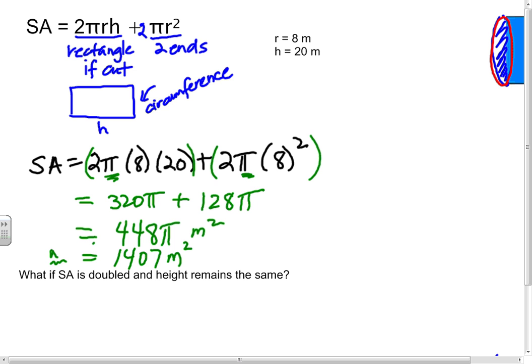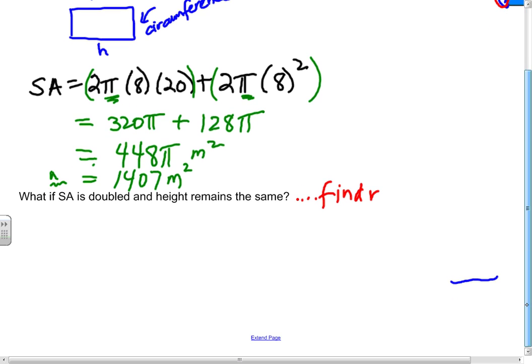What if the surface area is doubled and the height remains the same? Let's find the radius. Okay, so if I have a doubled surface area, then 1,407, we could double that, or 448 pi, we're going to double that. 448 doubled would be 896 pi.